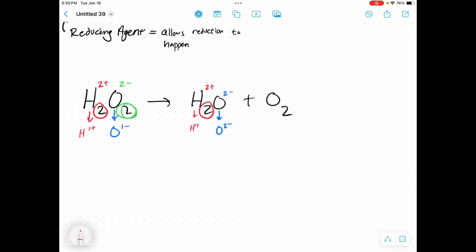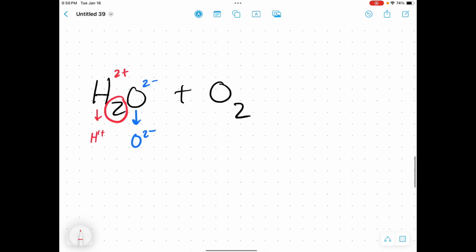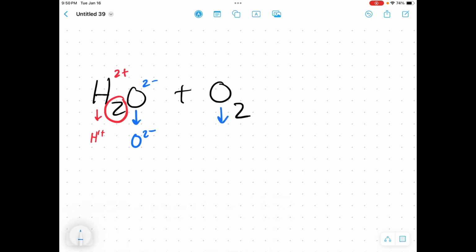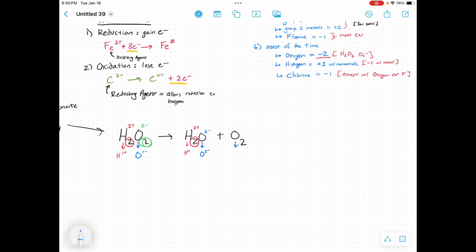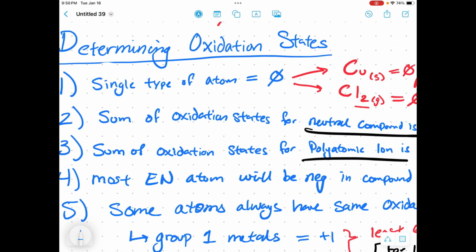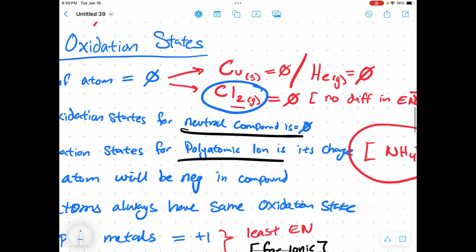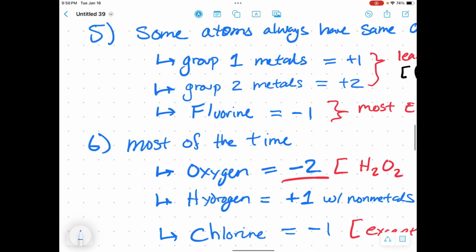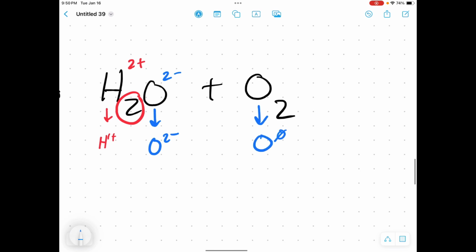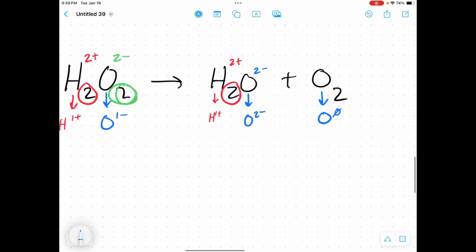Again, we don't have a peroxide, so we're good there. And the last one, oxygen: normally it'd be -2, but remember our rule that if we have a single type of atom, even if we have diatomic gases, it's going to be 0. So oxygen here has no charge.